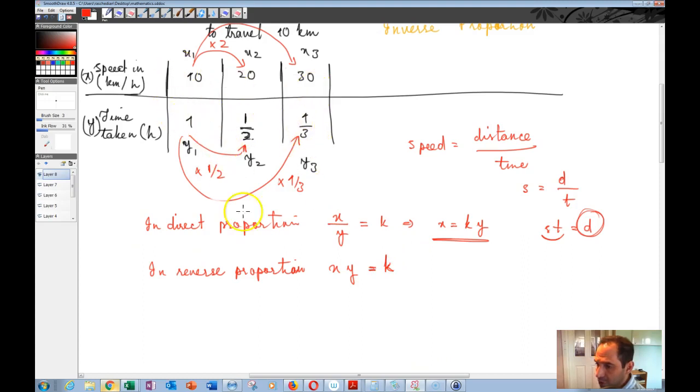It's not changing. And this kind of relationship we call reverse proportion. So we call it x times y is equal to k. And you saw that over here, the ratio of x1 to x2 was equal to y2 to y1.